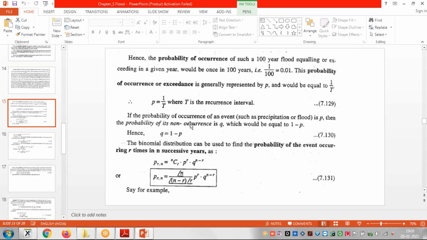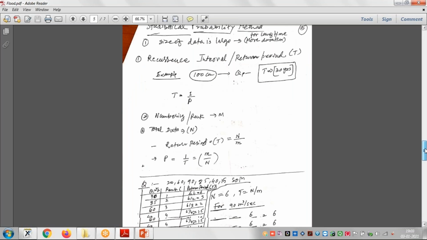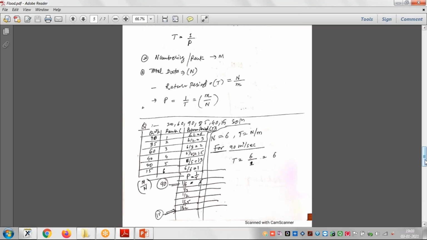Now here the same formula which I discussed here is given, right? So we were talking about one example. For example, this data is given: 20, 60, 90, 85, 40.